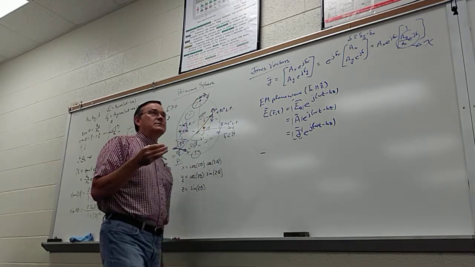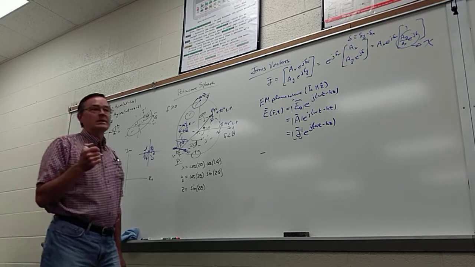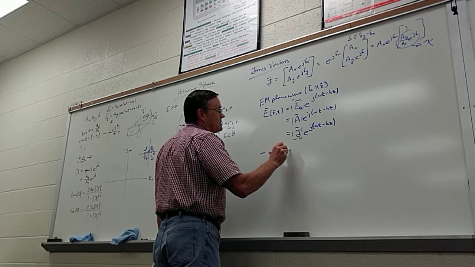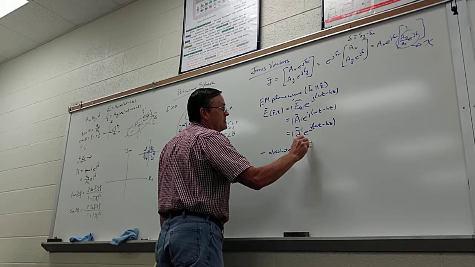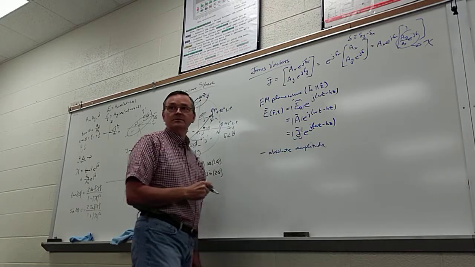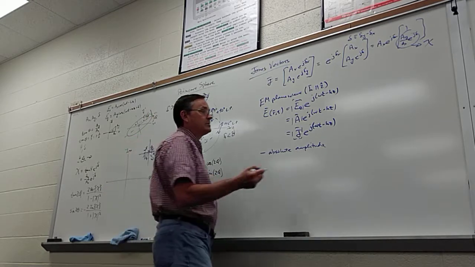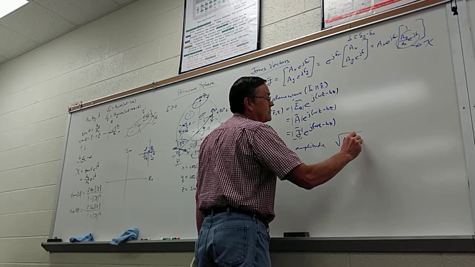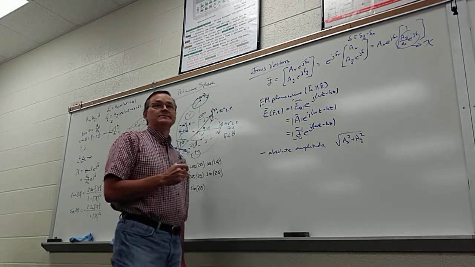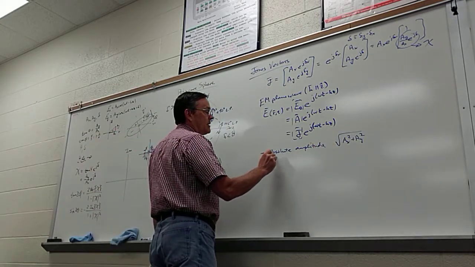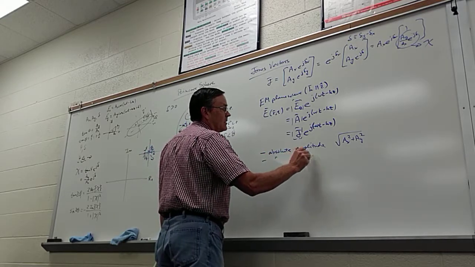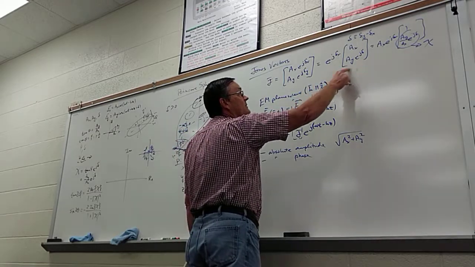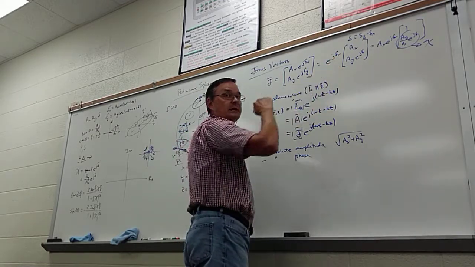We could repackage that in a slightly different way. We could say that it has the information of the absolute amplitude of the field, because the absolute amplitude is just the square root of ax squared plus ay squared, right? It has the absolute phase of the field. If we look at it this way, in this one, delta x is the absolute phase.